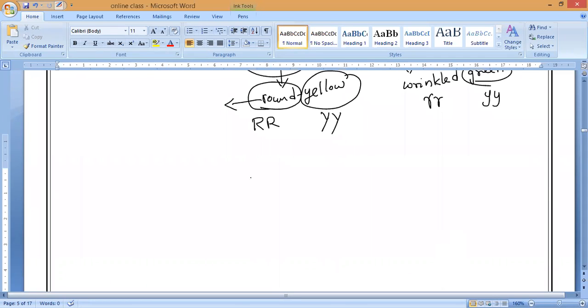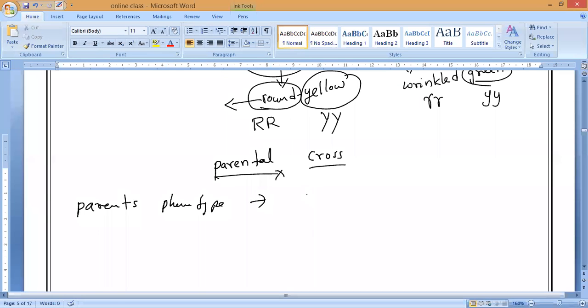Now, if you take the parental cross, tell me the parental phenotype. The parental phenotype is round yellow seeds crossing with wrinkled green seeds.